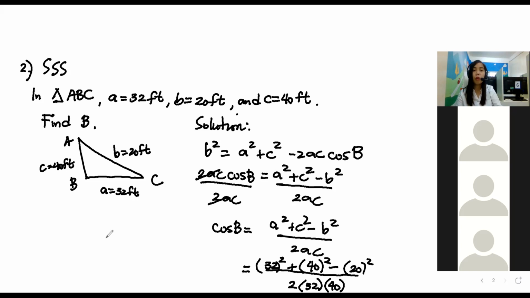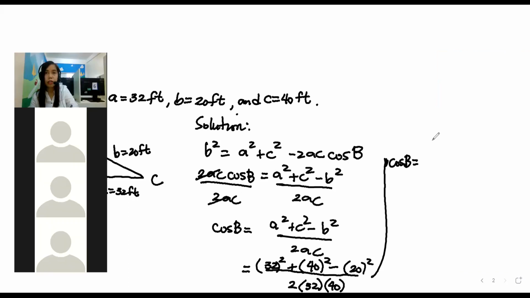So what is now cosine B? Let's, para sakto ang final answer, tayo mag-round off. We will have the inverse cosine of this value. Diba? Kailangan natin kunin ang inverse cosine ng value dito para makuha ang angle B. Inverse cosine of the answer here.